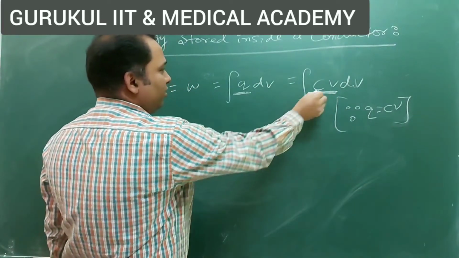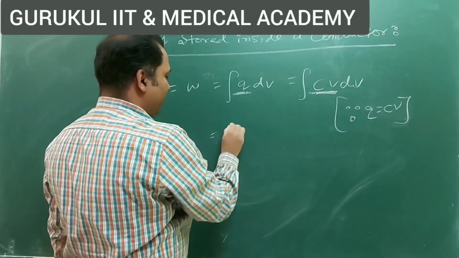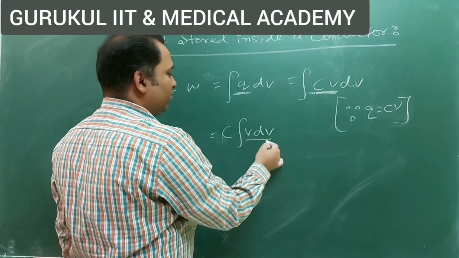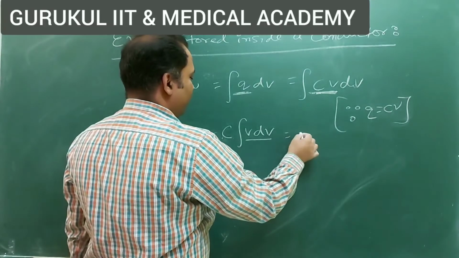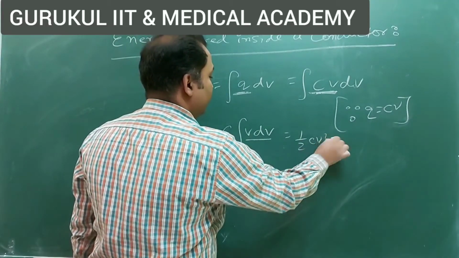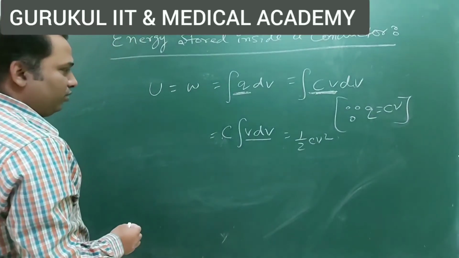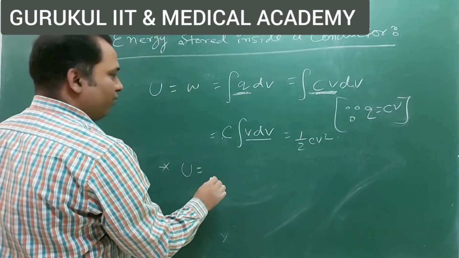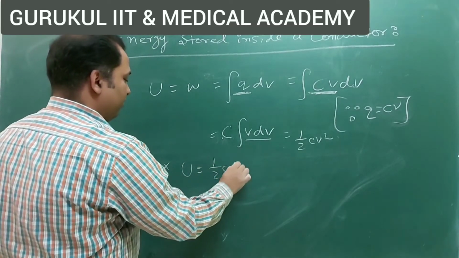C is constant, so C will be outside the integral. So V dV, and the integration of V dV is V square upon 2. Hence U equals half C V square.